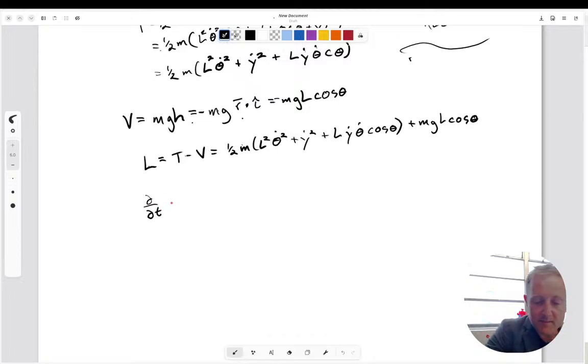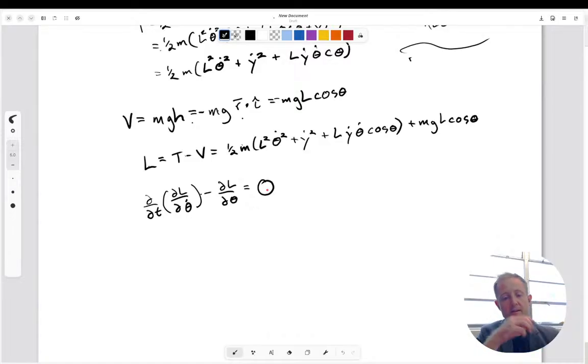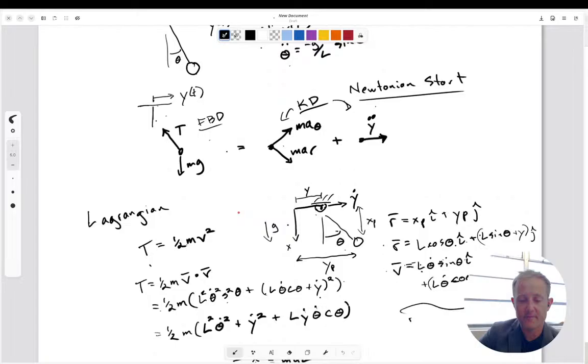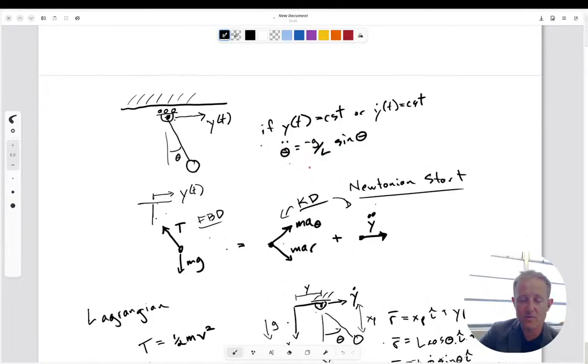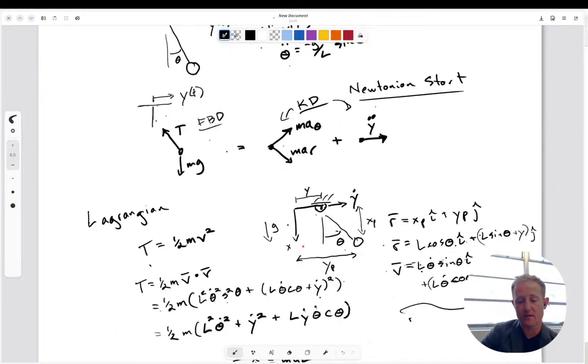And it's always the same kind of form: d/dt of dL/dθ̇ minus dL/dθ equals 0. This is different than the Newtonian part, because in Newtonian mechanics we need to know what all those forces are, like where all these forces are going.